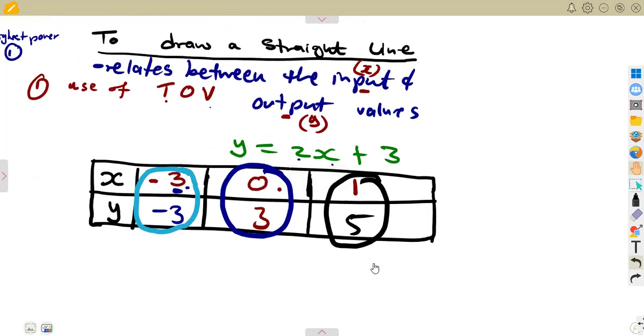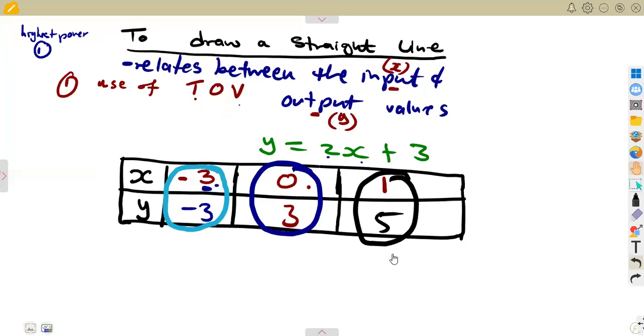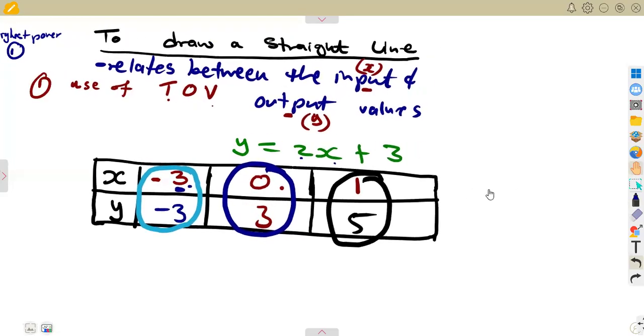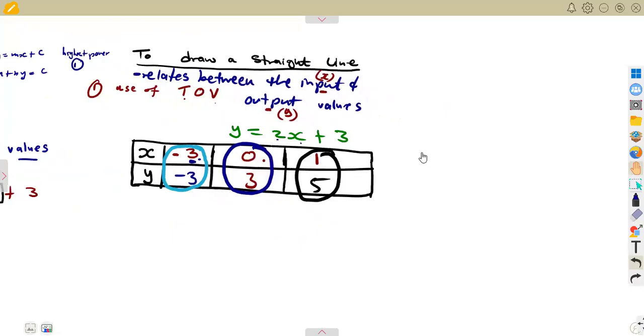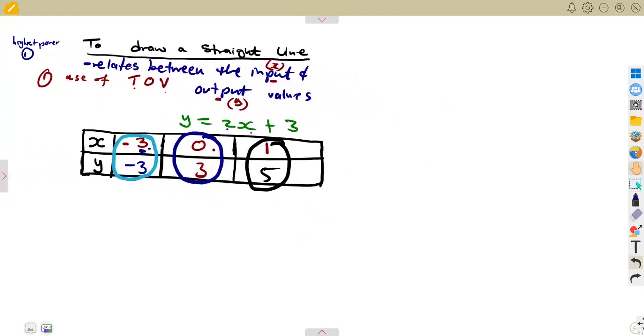It can be used on any graph, any equation. Be very mindful on these questions, because we're not going to do all these equations. It's because of format. One may put a trick, just like y is equal to x minus 3 over 2.